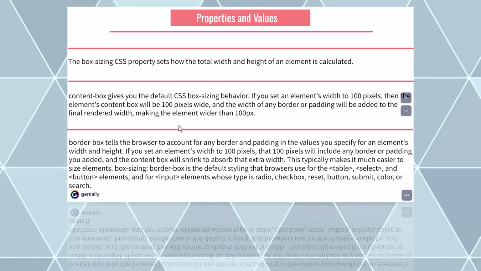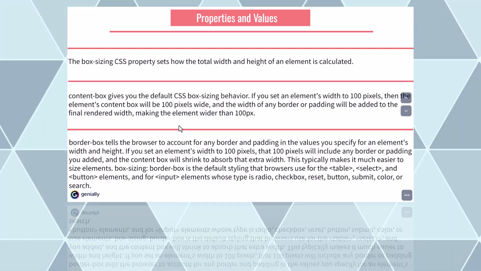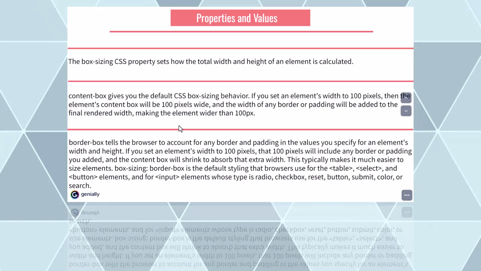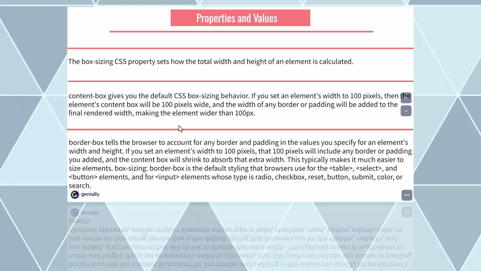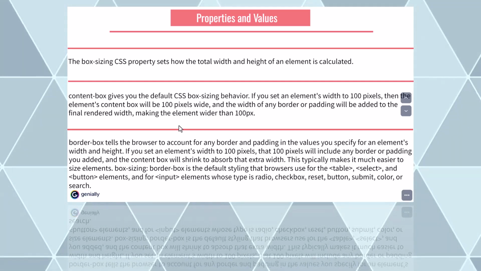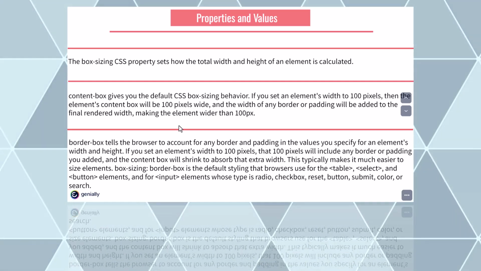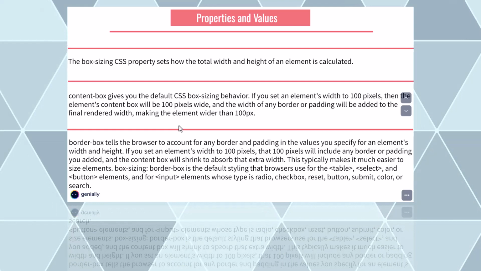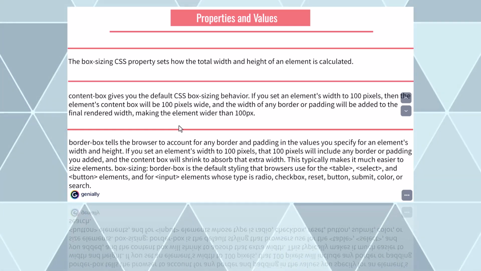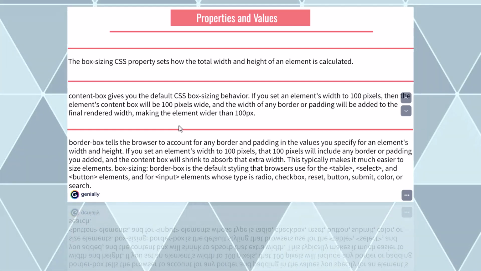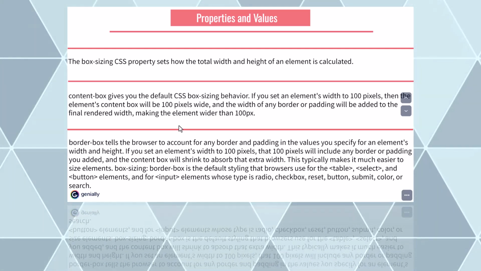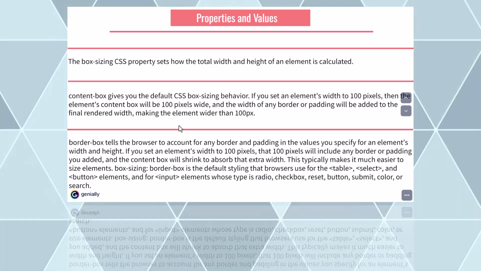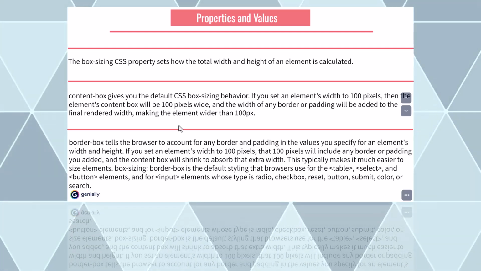Cindy, can you read what border box says? Border box tells the browser to account for any border and padding in the values you specify for an element's width and height. If you set an element's width to 100 pixels, that 100 pixels will include any border or padding you added, and the content box will shrink to absorb that extra width.